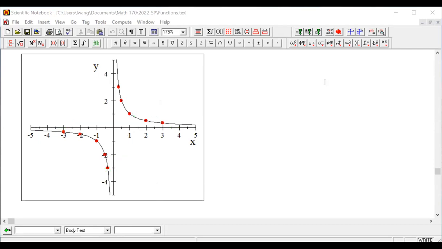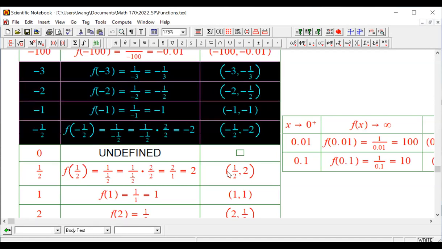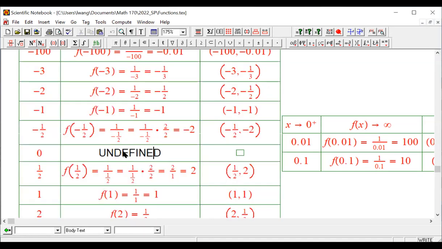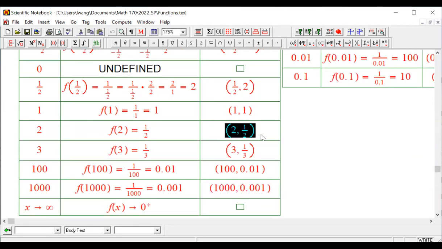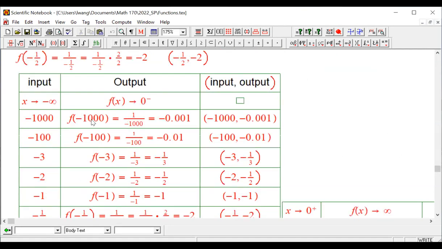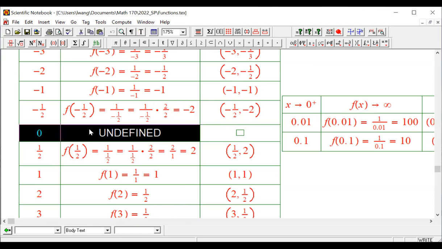I'm going to go back to the table. We just plotted all of these points except 0. We plotted these points, and I marked all of these points. Now, why do we indicate that it's 0 here?